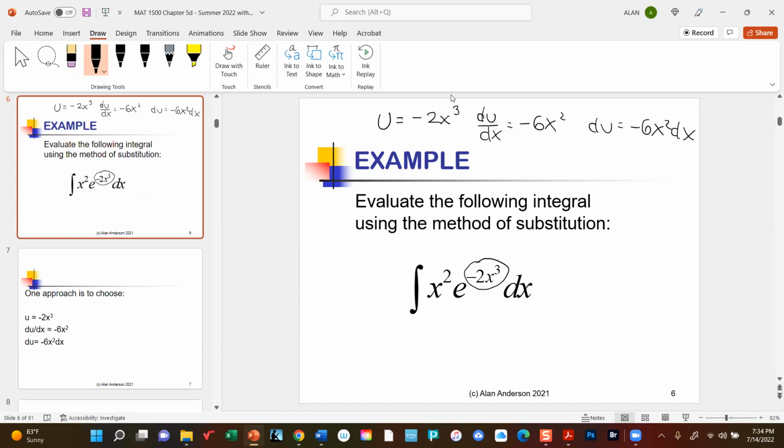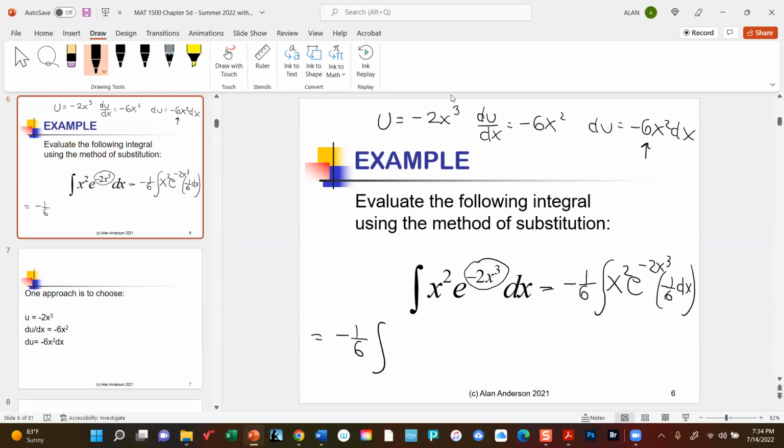Well, we don't seem to have that, do we? But guess what we can do? We're missing the minus 6, so let's try this. Minus 1/6 integral x squared e to the minus 2x cubed, minus 1/6 dx. Oh, wait, sorry, this is supposed to be the 6, minus 6.